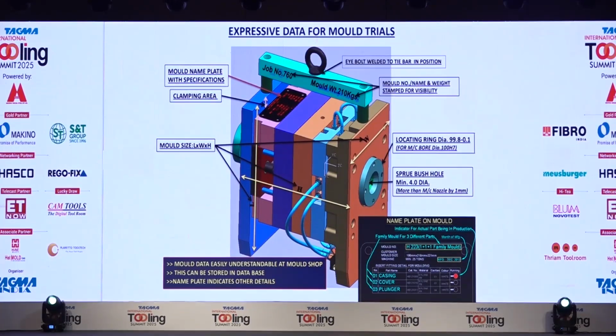We all know that wherever we stay, there are big apartments with hundreds or 200s of flats, where we get one as a sample flat. This is like a sample of a mold: before it goes to the molding shop, what are all the prime requisites that need to be given to the molder when it goes from the manufacturing unit to the molding or trial unit.